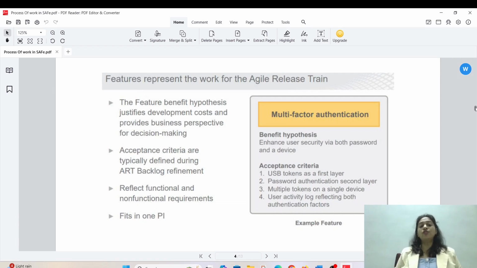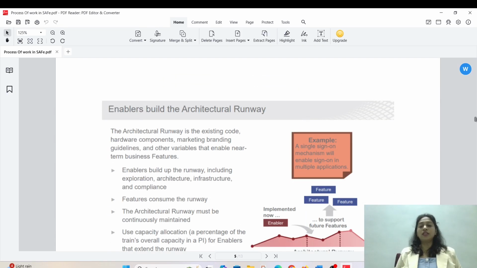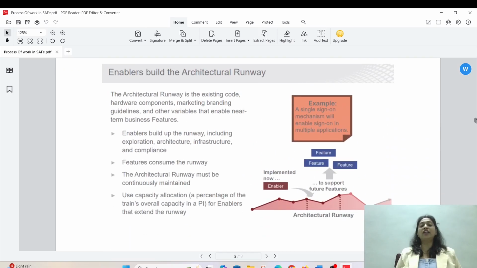Okay, how the feature benefit hypothesis will be justified. Let's go ahead and see how the enablers build the architectural runway. The architectural runway is the existing code, hardware components, marketing, branding guidance, and other variables that enable the near-term business features.